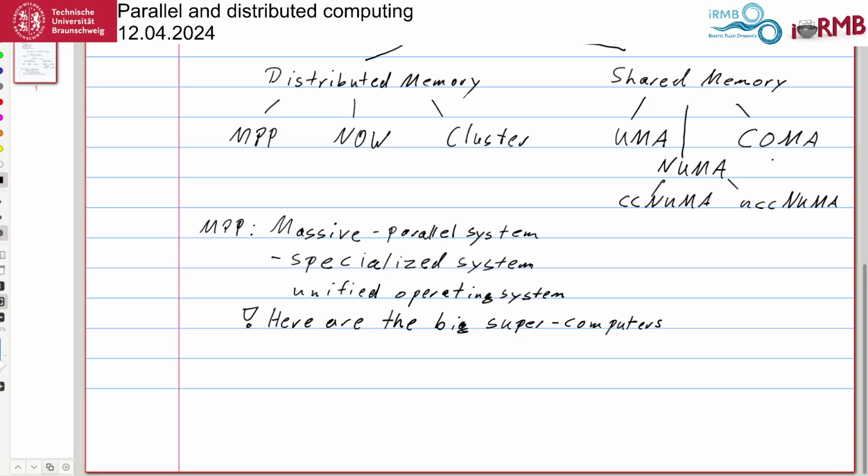Something that's much more simple and down to earth is what they call NOW, probably because you can almost use it right now. If you don't have anything else, this is just a network of workstations.